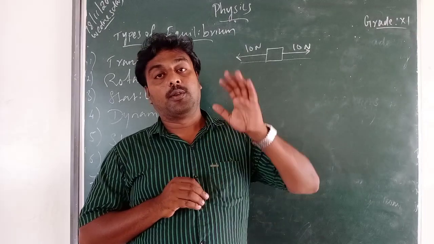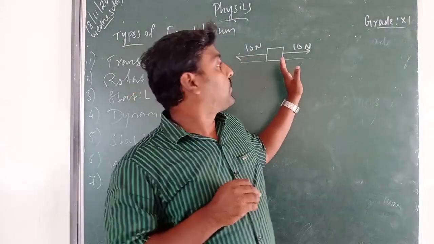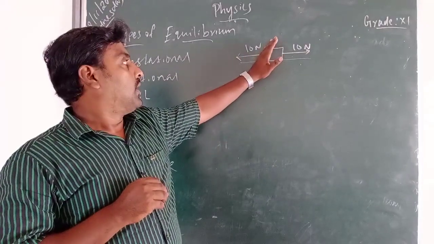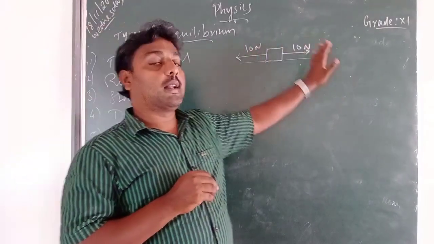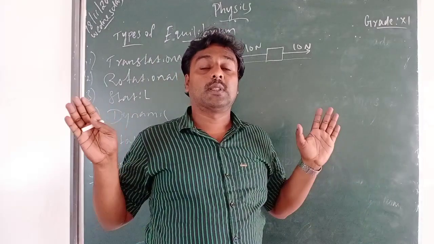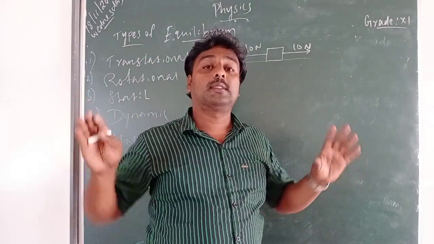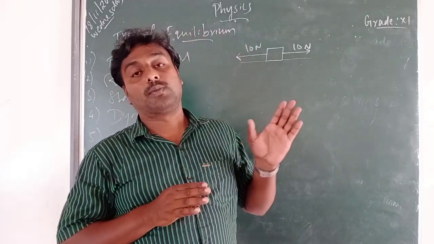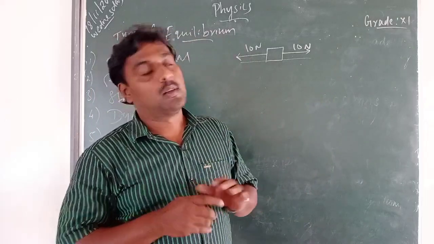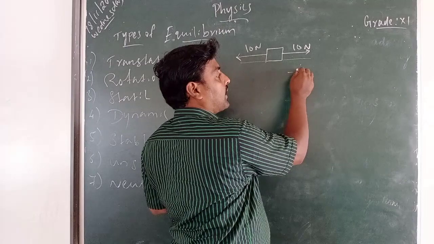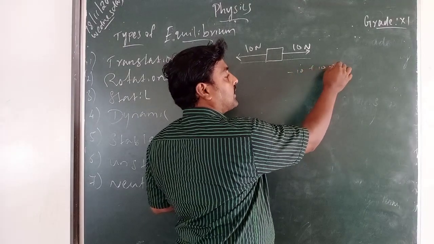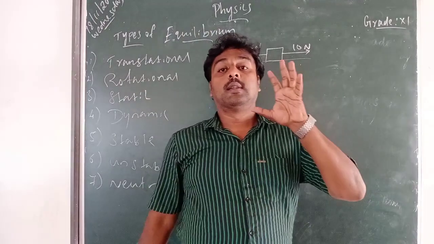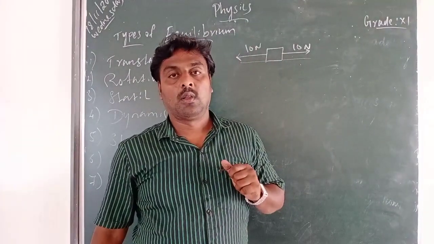What is happening to the force? This side 10 Newton, that side also 10 Newton, so equal force is acting in the opposite direction and the forces get cancelled. This direction will be minus 10, that direction plus 10, so you will get the total force 0.